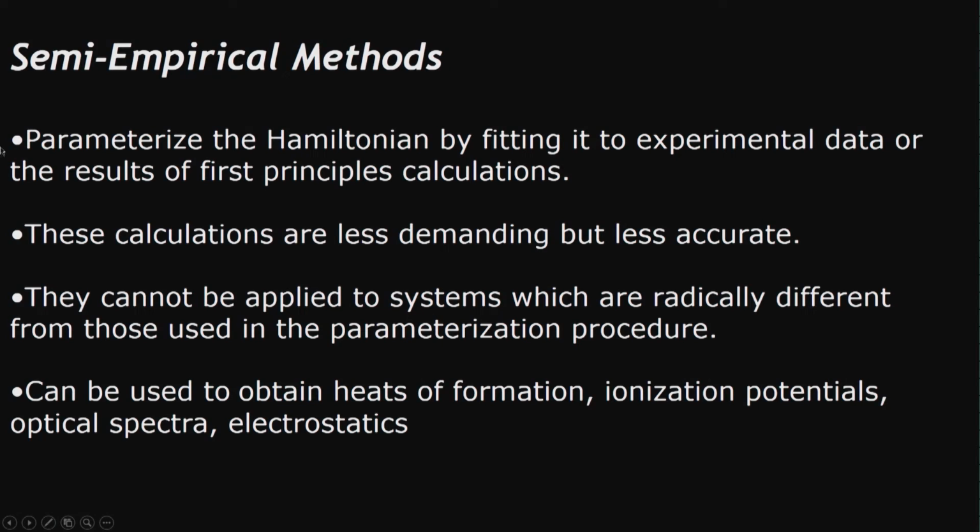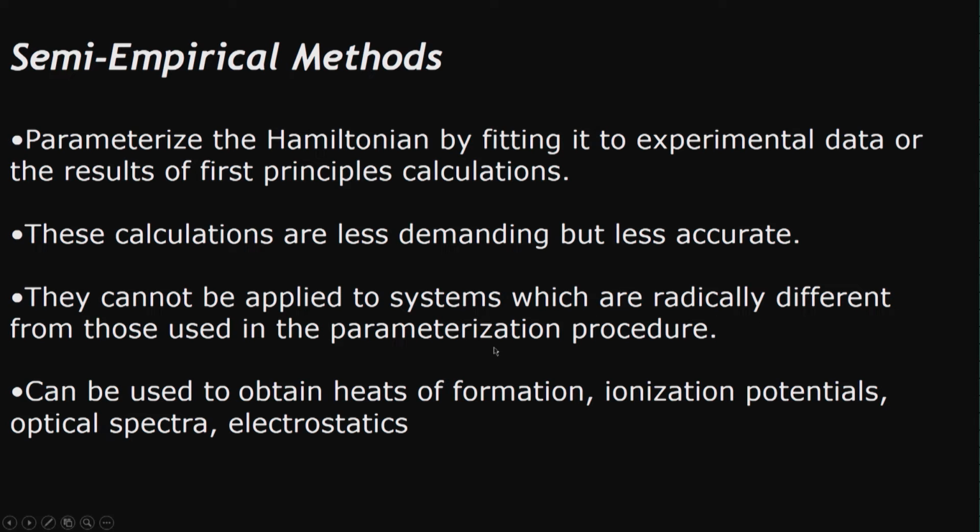So, semi empirical, you have a lot of parameters, just like in our force field molecular mechanics we parameterize many things. So, semi empirical methods parameterize the Hamiltonian by fitting it to the experimental data or the results of the first principle, that means ab initio methods. So, these calculations are less demanding but less accurate. They cannot be applied to systems which are radically different from those used in the parameters.